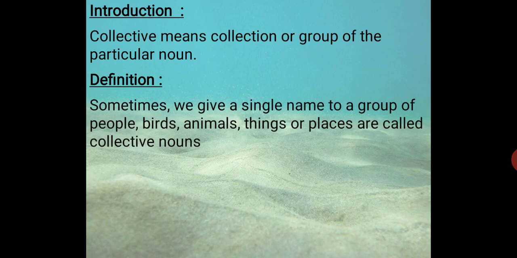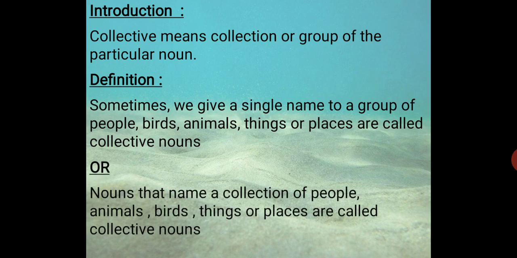Sometimes we give a single name to a group of people, birds, animals, things, or places. These are called collective nouns. Or you can say, nouns that name a collection of people, animals, birds, things, or places are called collective nouns.